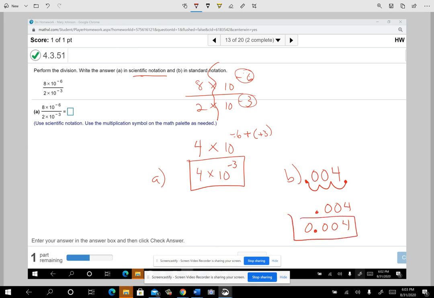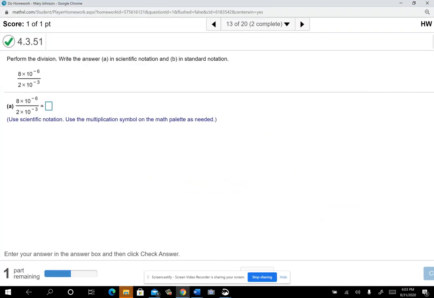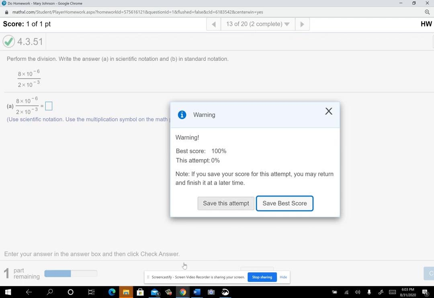All right, and then I'm going to jump near the end. There's a couple word problems. I'll just talk about the operations on those. So let me go back to the assignment itself. We're not going to work them through all the way.